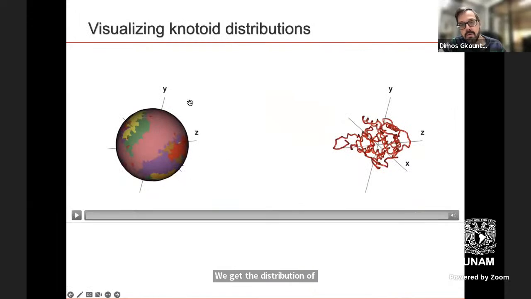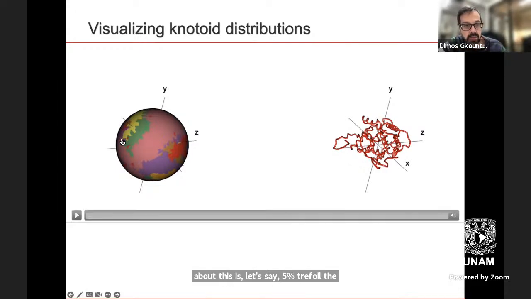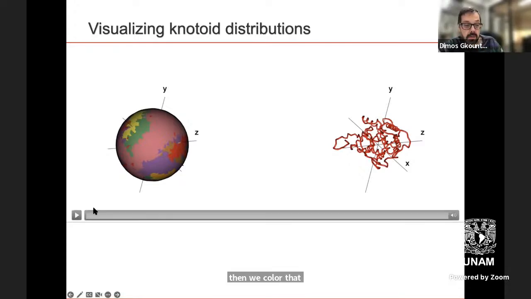And the way people usually visualize these, instead of having a huge list of numbers, let's say 5% trefoil, 1% unknot, is that they consider the curve inside a large enough sphere, meaning at least as big as the convex hull of the curve, and then each pixel of that sphere corresponds to a direction towards which we project the curve. And then we color that pixel according to the knotoid type that we get.